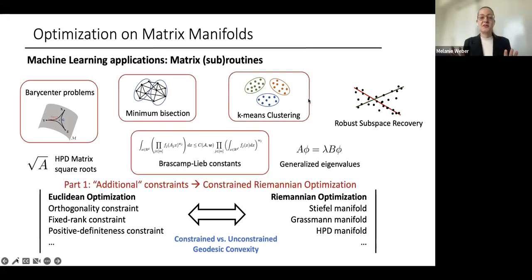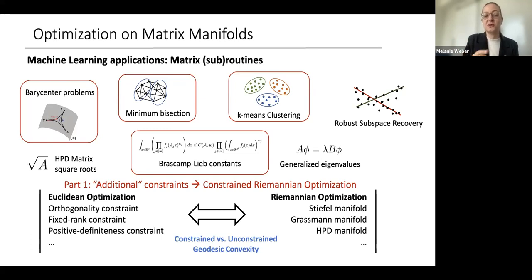The talk today will have two parts. In the first part, we will talk about constrained Riemannian optimization. That is motivated by the observation that in a lot of these practical problems where we encounter matrix-valued optimization, we actually have additional constraints.